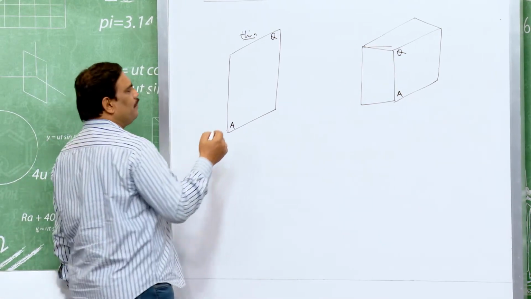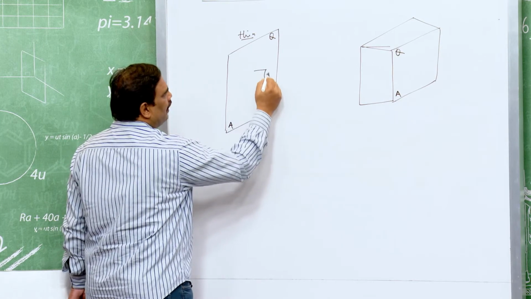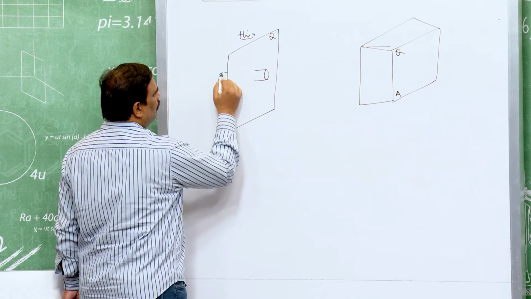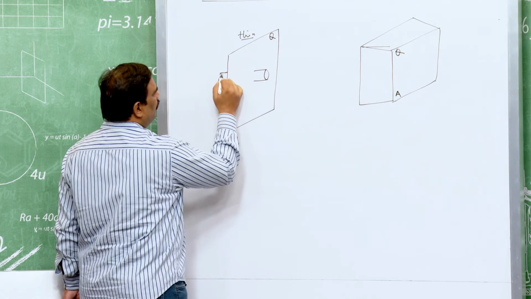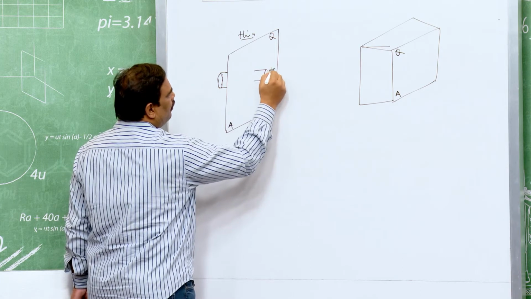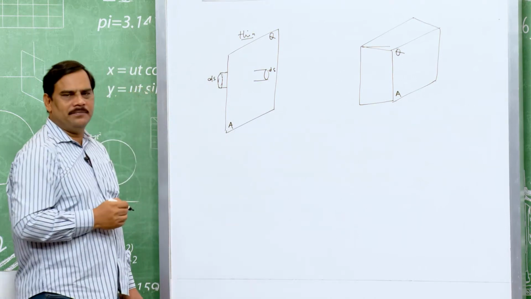Just like a pillbox, now consider a Gaussian pillbox having a very small surface area ds on either side.